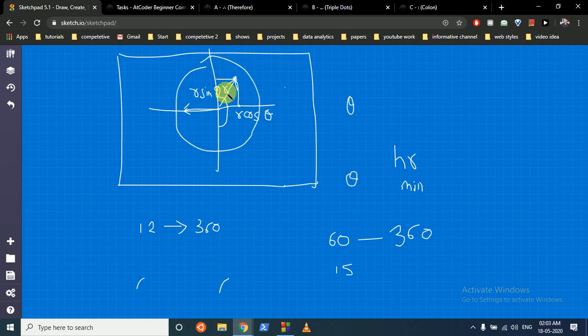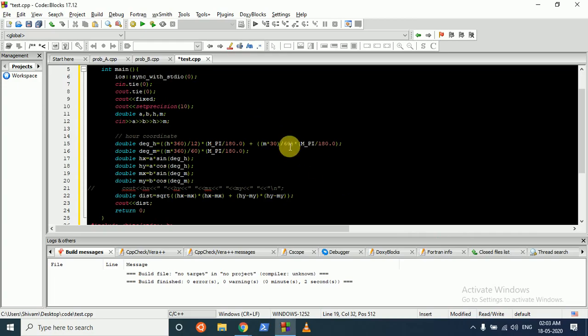So now the difference between every 2 numbers, 1 and 2, is 30 degree. So now we want to find out how much of the 30 degree it has traveled for the minute. So we have done the same for the minute: we find out how many of the 30 degree it has moved and convert it into radians. Then use the same formula for the hour hand.